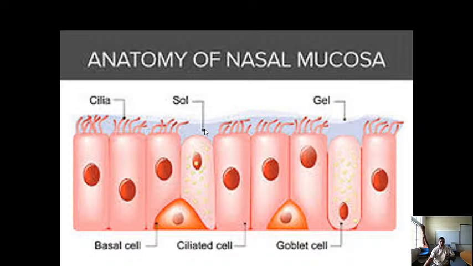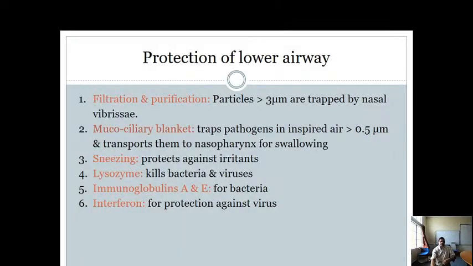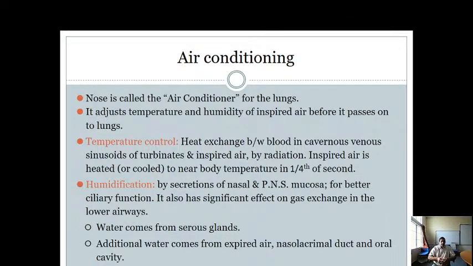One is called the sol, the other one is the gel, which is more thick. The thicker one is the outside, whereas the sol is the deeper layer. We will come to the function of the cilia a little later, but for the optimal function of the nasal cavity, of the ciliary clearance, the temperature and humidification are very important factors.